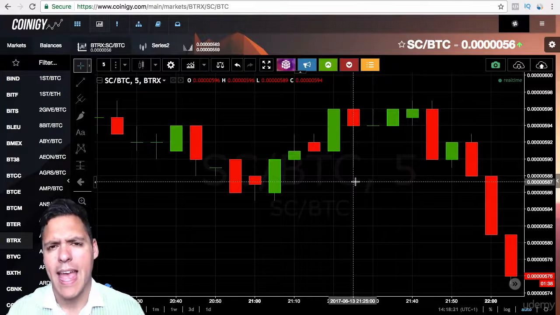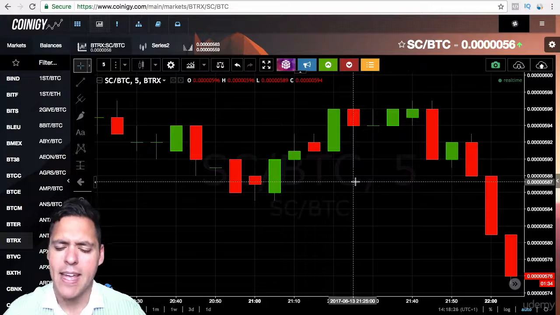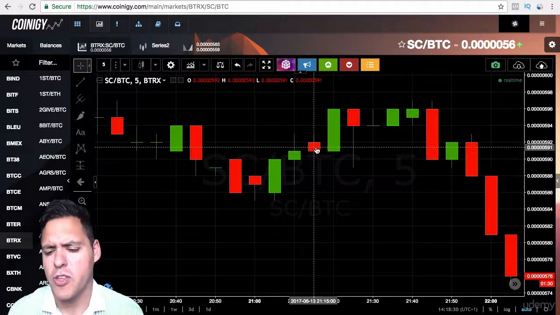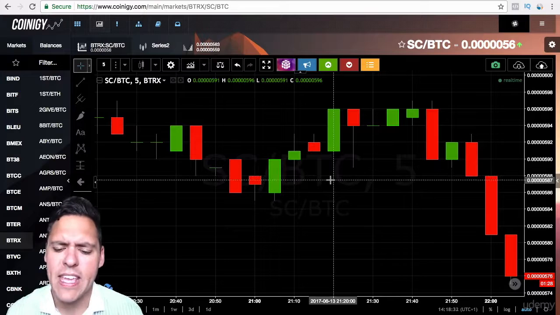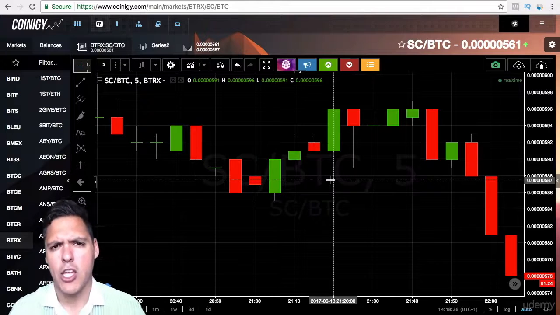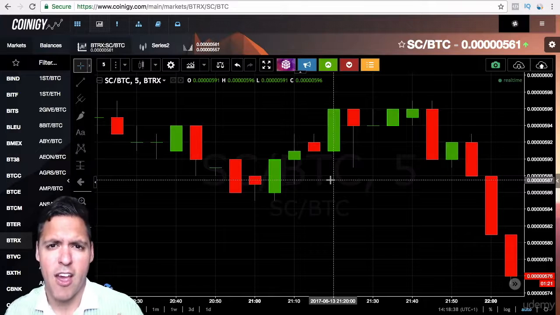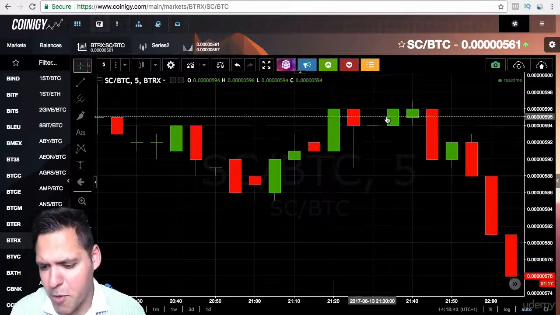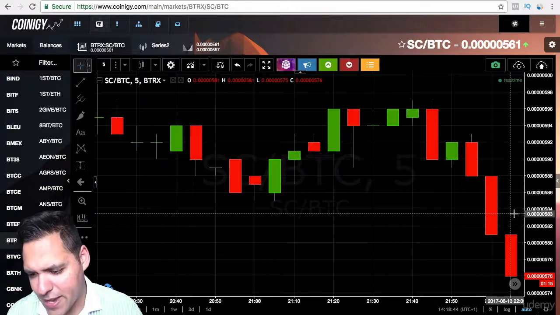You know, the hammer and the hanging man do their job, but the inverted hammer and the shooting star, they don't necessarily do their job. So if you see an inverted hammer or the shooting star, you don't necessarily make a move because they are very weak indicators, as you can see here, because what happened was that the price did momentarily go up and then it went down.